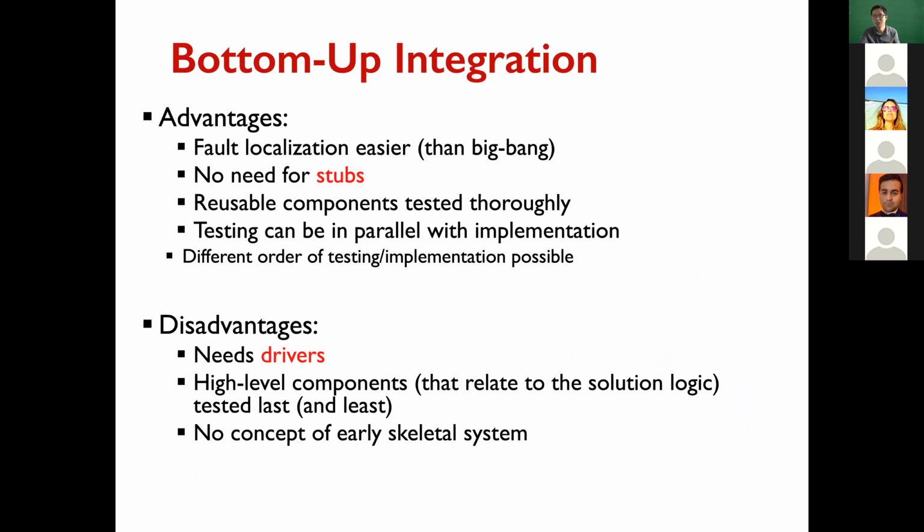Also, fault localization is easier because it's an incremental strategy. There's no need for stubs because we go from the lower level component to higher level component. What we need is drivers, right? And we test reusable components thoroughly because we test them first. They are usually at the lowest level.